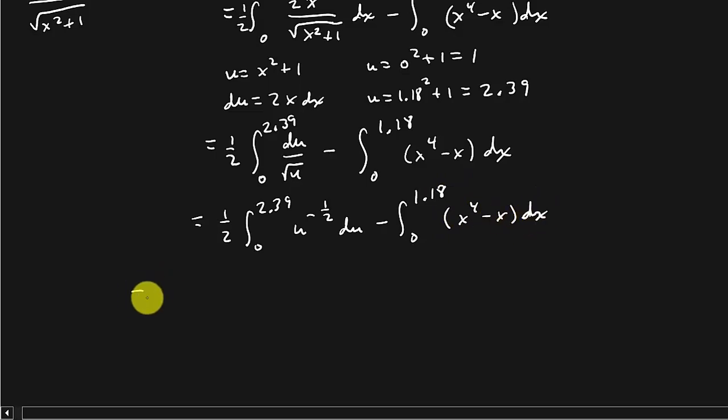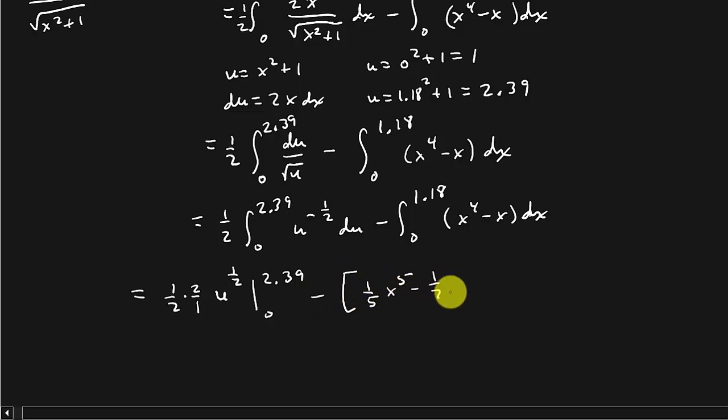And so we integrate. That's going to be 1/2, and that's going to be u to the positive 1/2, multiply by the reciprocal of the new exponent from 0 to 2.39, minus 1/5 x to the 5th minus 1/2 x squared from 0 to 1.18.